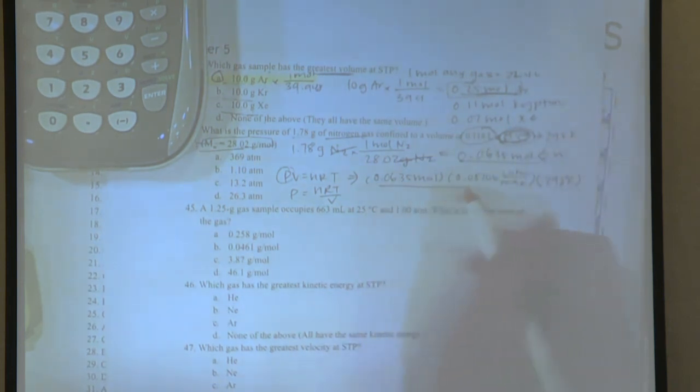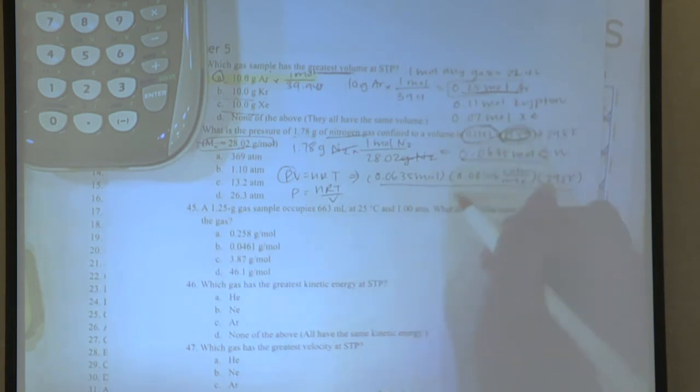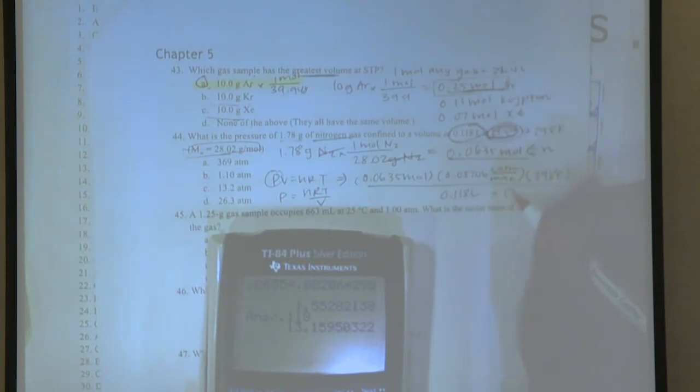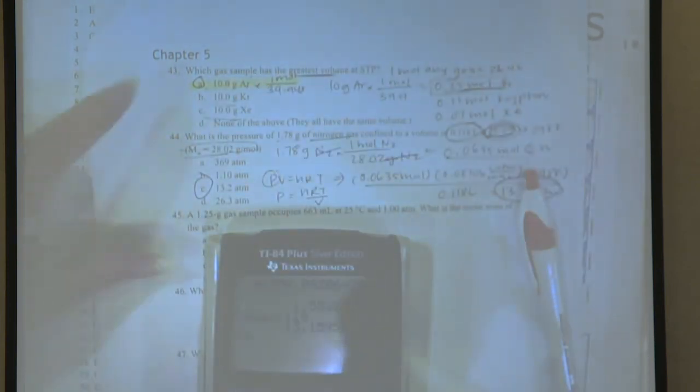And you guys know that in order to convert Celsius to Kelvin, you just add 273, right? And then our volume was given to us in liters. Make sure everything is in SI units, and you should be good. When you multiply this across, 0.0635 times 0.08206 times 298 divided by 0.118, you should get 13.2 atm. So our answer is C.